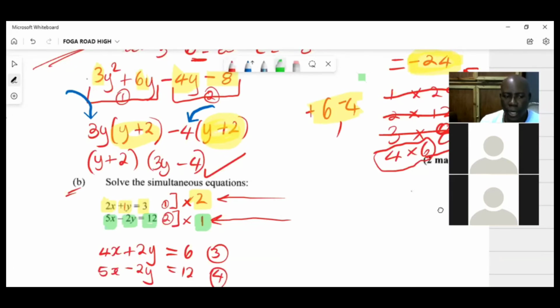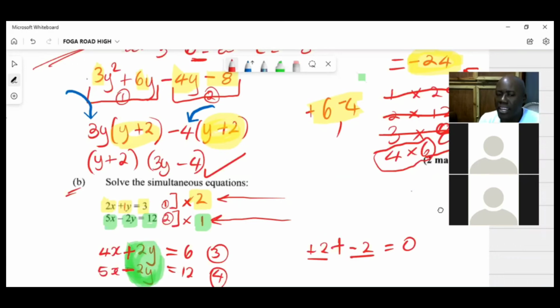Now, the aim is that we intend to eliminate. Whenever you do this trick, you will always get back the same number. Sometimes the sign is different. If you notice, there's a positive here and a negative here. So you'll ask yourself: if I have a positive 2 and a negative 2, what do I do so they disappear? Do I add? Do I subtract? I would suggest that you add them, because if you add a positive and a negative of the same number, it gives you 0.